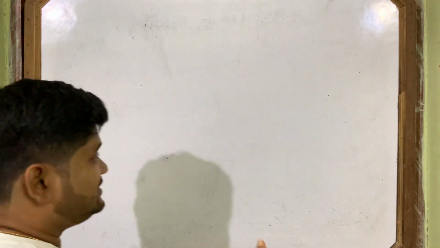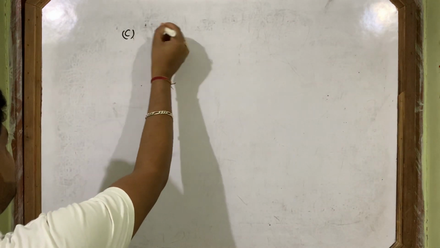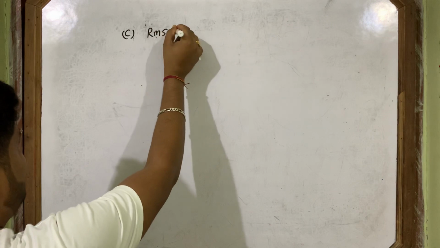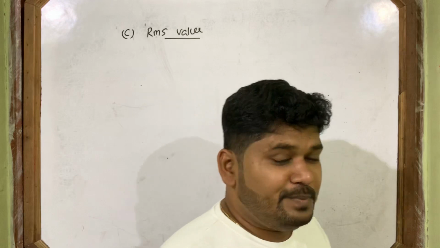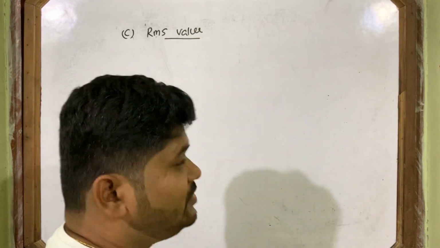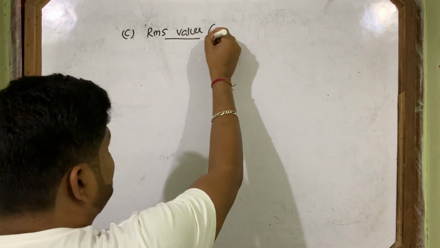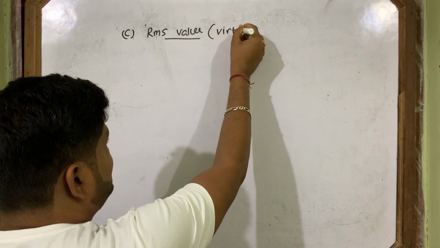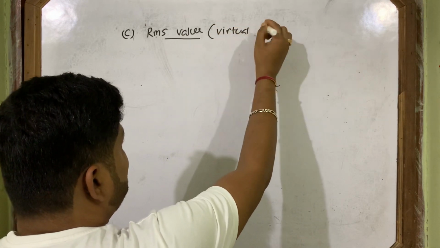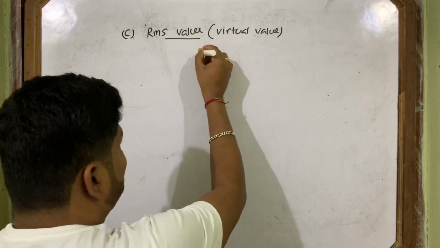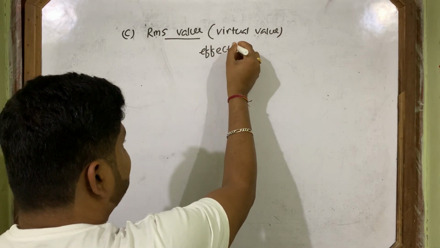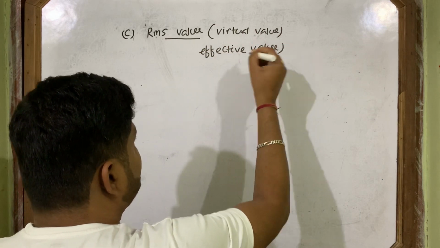Another value it has. What is that? That is the RMS value of AC, called root mean square value. It also has other names: virtual value, and also effective value.